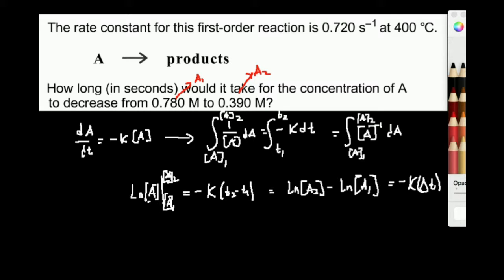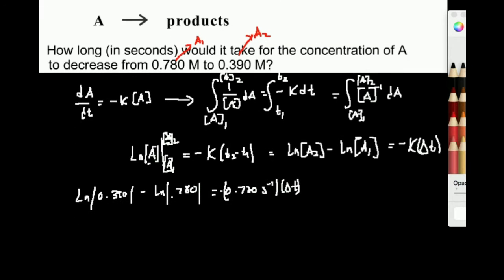So when I start plugging in numbers, natural log of A2 is 0.390 minus the natural log of 0.780, my initial, is equal to minus, notice my rate constant up here, 0.720 per second. Also notice one thing, my rate constant isn't negative. You can never have a negative rate constant, but remember there's a negative sign out in front of k delta t. And then this is all multiplied by delta t.